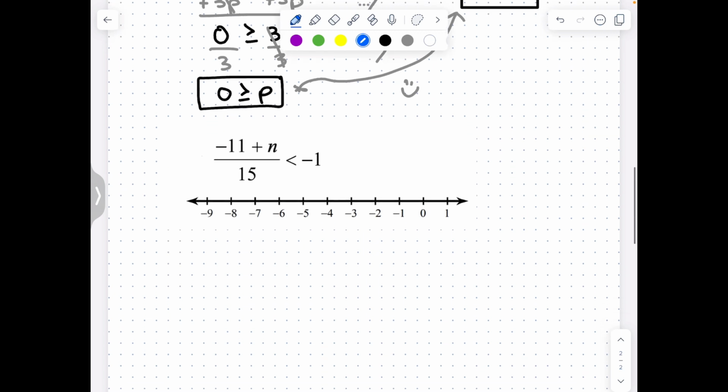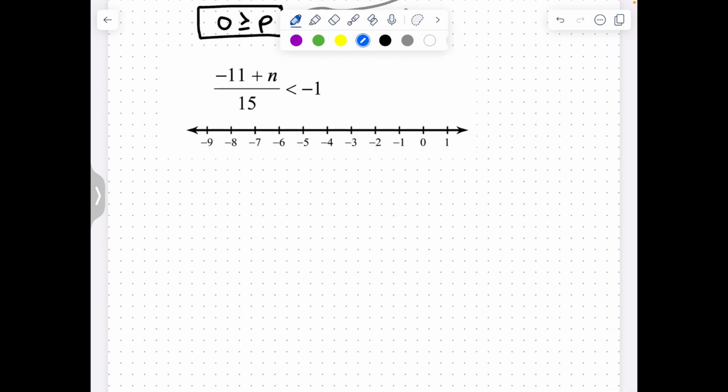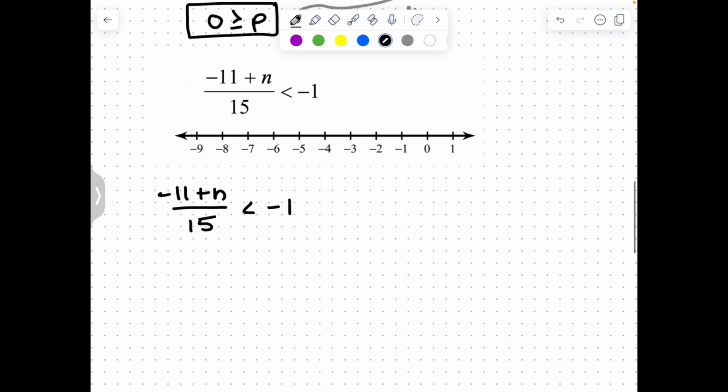All right, and then our last example. We have the quantity negative 11 plus n, divided by 15, and that is less than negative 1. Now, anytime I see a fraction, especially if the entire side is a fraction, I'm going to multiply by whatever the denominator is.